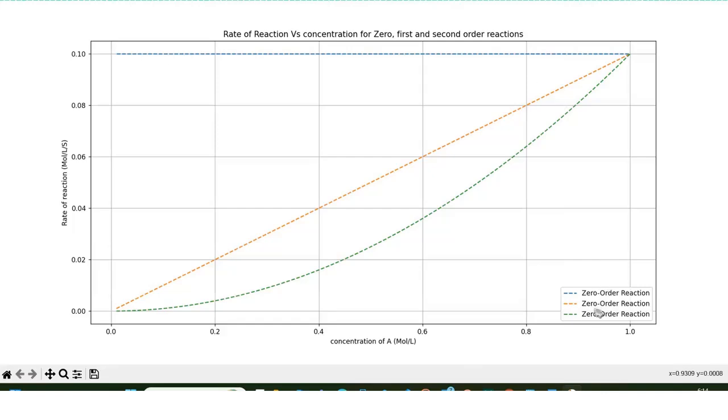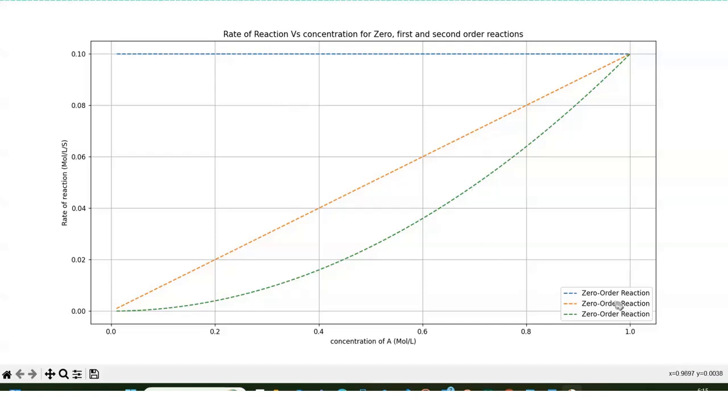The legend has been shown. The concentration of the reactant is on the x-axis, and on the y-axis we have the rate of reaction. Then this is our heading or title of this plot. So this one, the blue one, shows zero order. The brown one is, so they are all showing zero order.